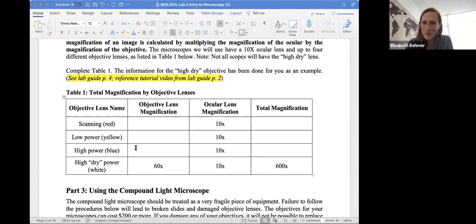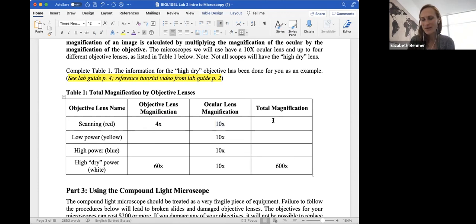I'll help you with the first one. The scanning objective, the lowest zoomed-in objective, has a magnification of 4x. What that means is that when you're using this objective lens, it'll zoom in on something 4 times. To get the total magnification of the sample, you take the 4 times magnification power of the objective lens and multiply that times the magnification power of the ocular lens.